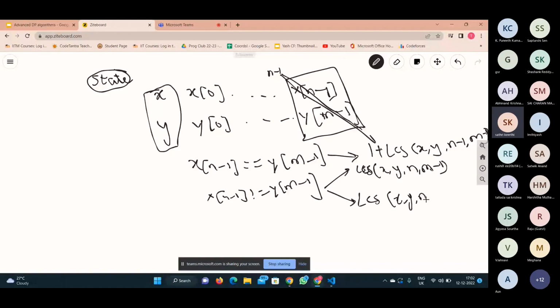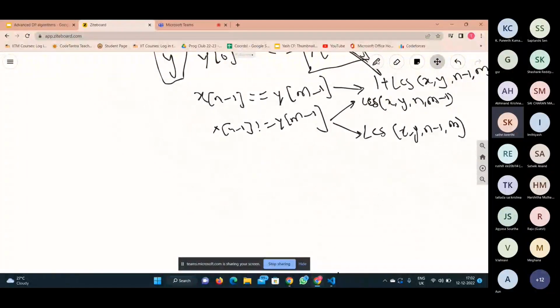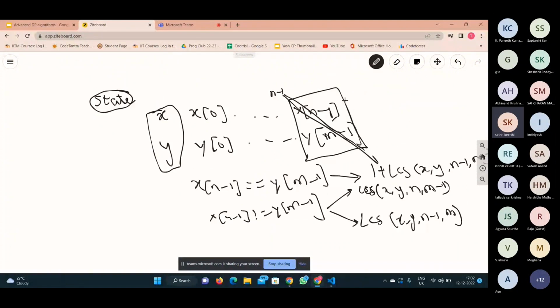This is because since the last two characters are not equal, even if we remove this character from the string and find the LCS of these two, that does not affect it.